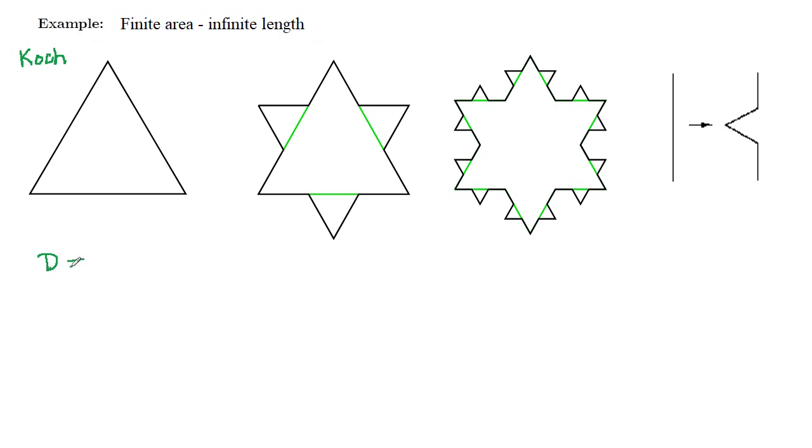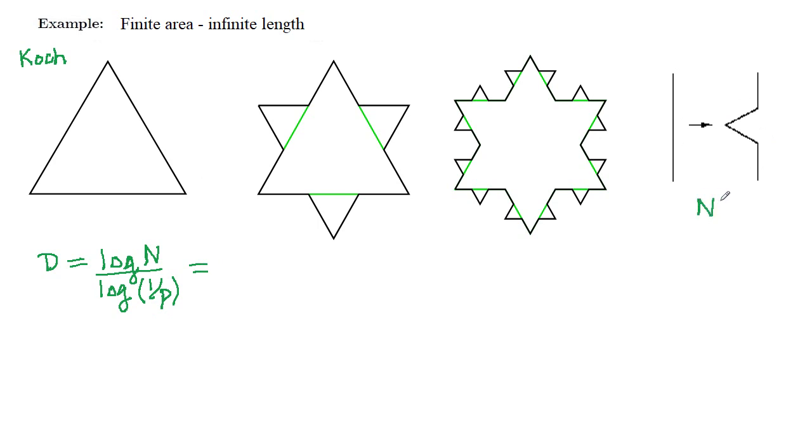So remember that d is going to be the log of N, the number of places that we replace, divided by the log of the reciprocal of the magnification factor, so 1 over P. So N here, we've got one piece that gets replaced with 1, 2, 3, 4 pieces.